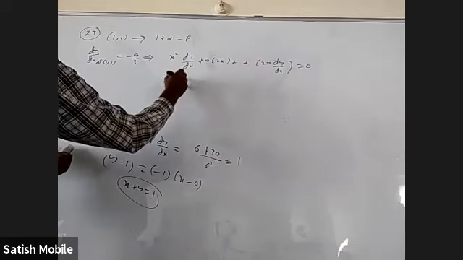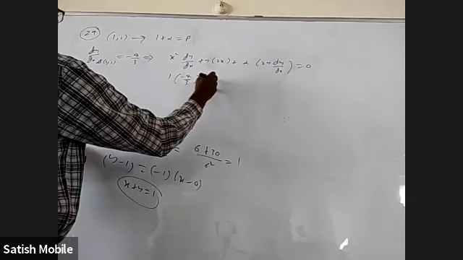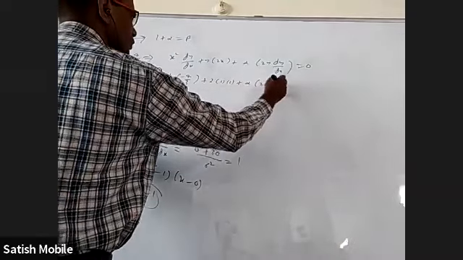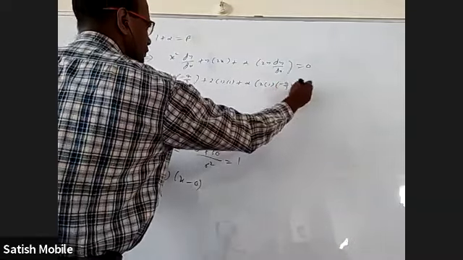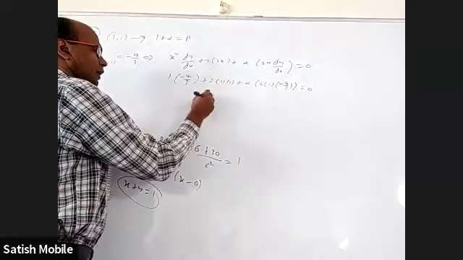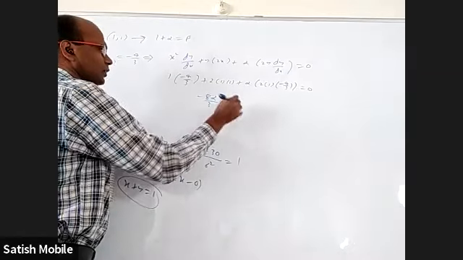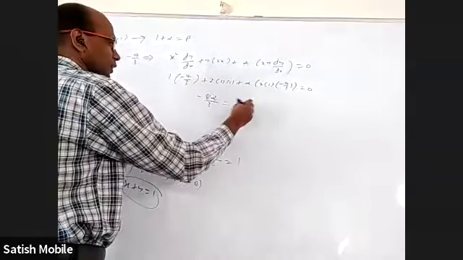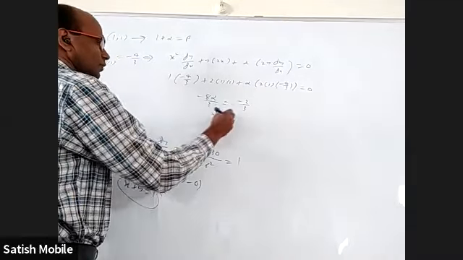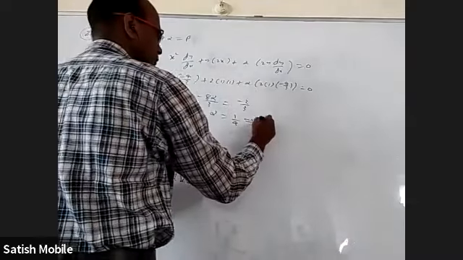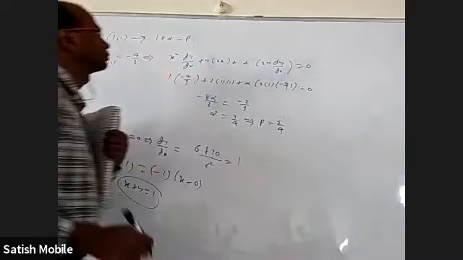This is 1, this is minus 4 by 3, this is 2 into 1 into 1, alpha into 2 into 1 into minus 4 by 3. From this, I should get alpha. So this is minus 8 alpha by 3, minus 2 by 3 on that side. So alpha is coming 1 by 4. Put that 1 by 4 here, beta will come 5 by 4.